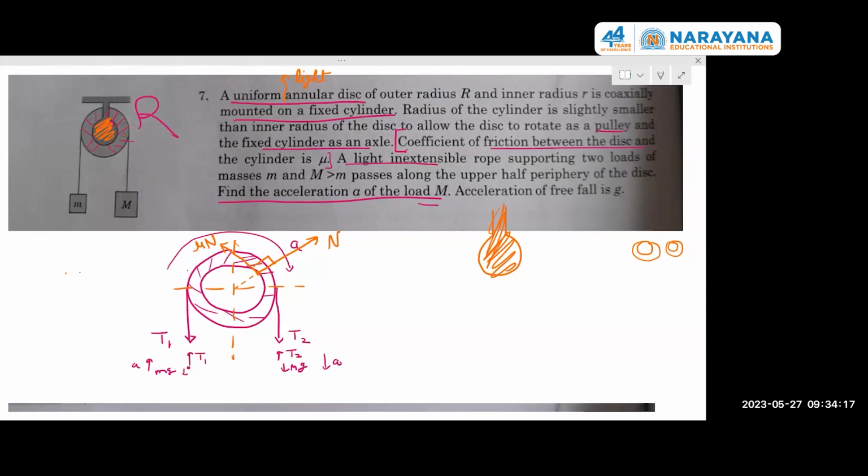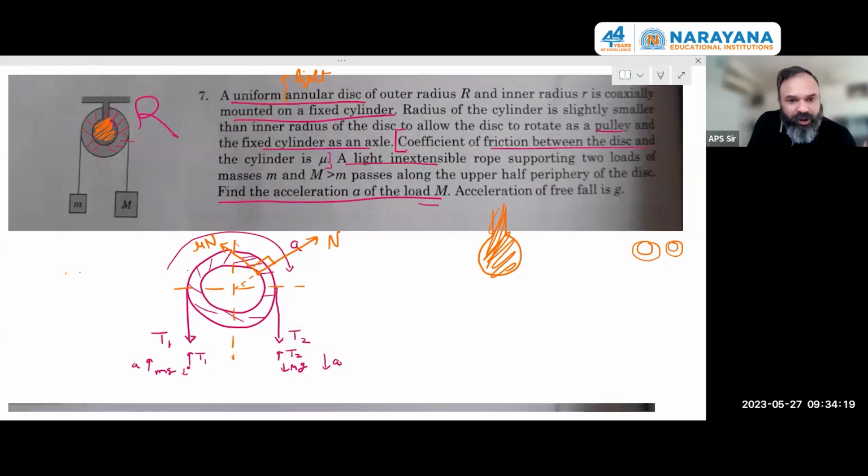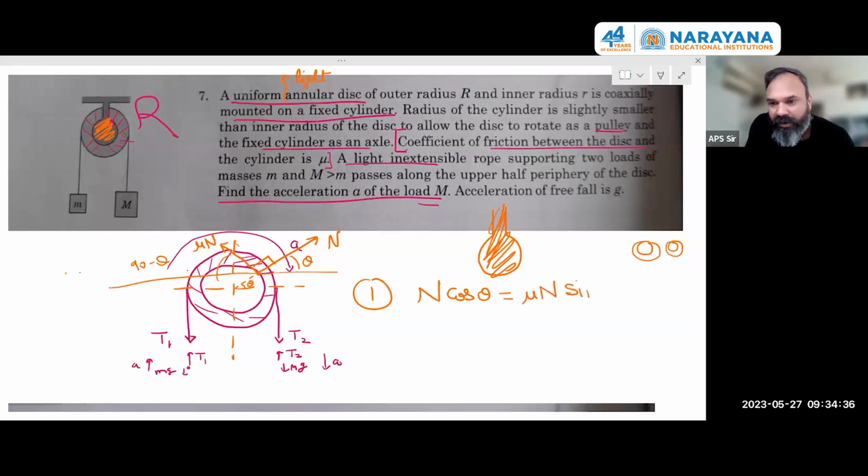So looking into all the possibilities, you can take some theta here. And this angle will be 90 minus theta. By balancing the annular disk, I'll have N cos theta equal to mu N sin theta. So you understand that there is a unique location of theta, which is tan inverse of 1 by mu, where the contact will happen.